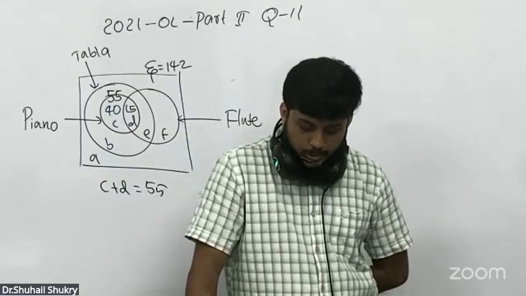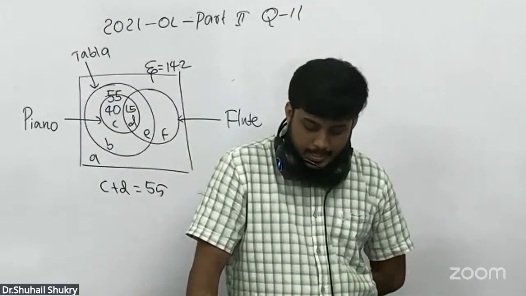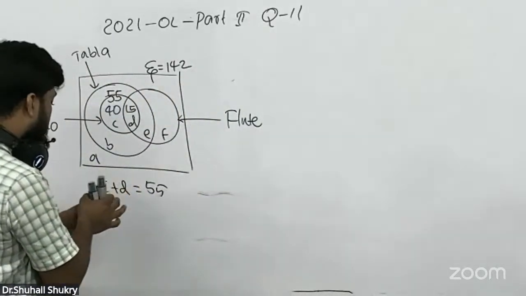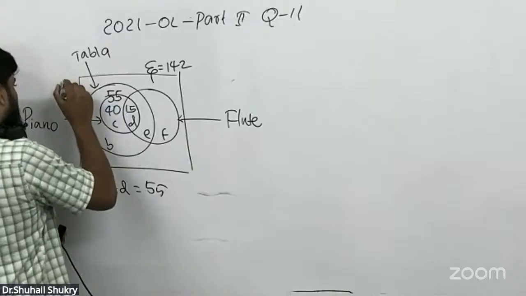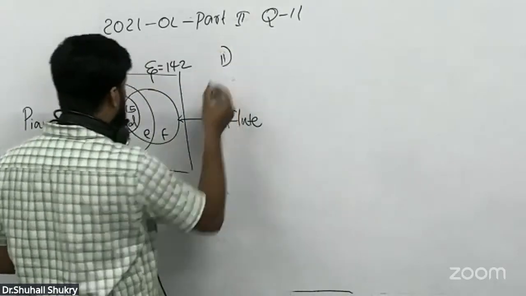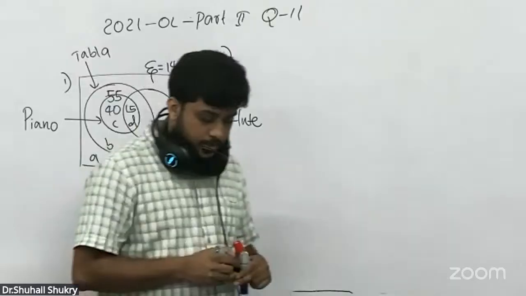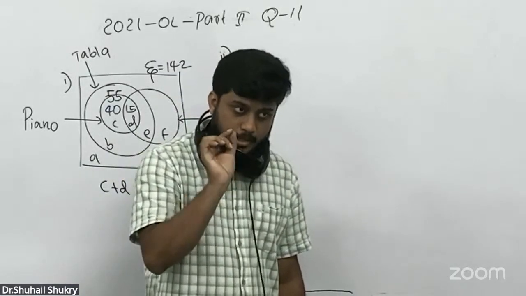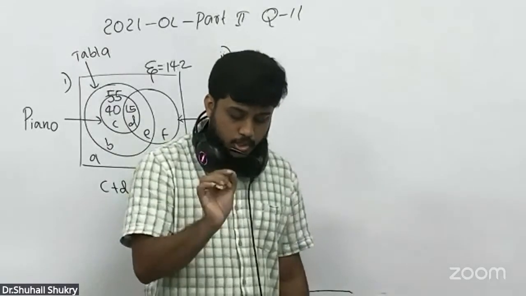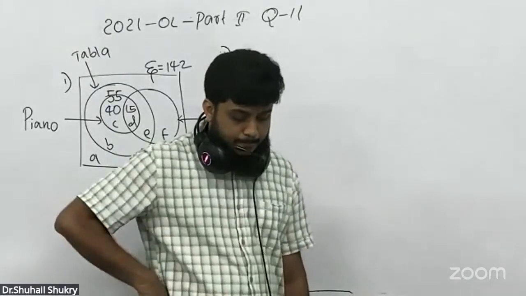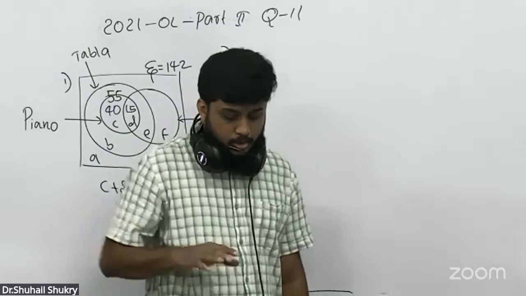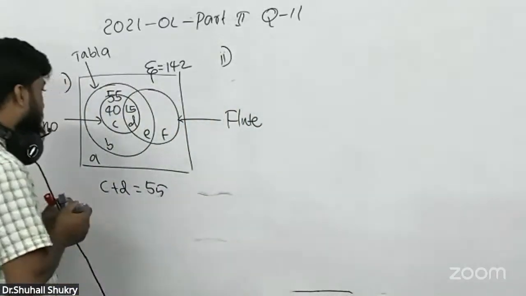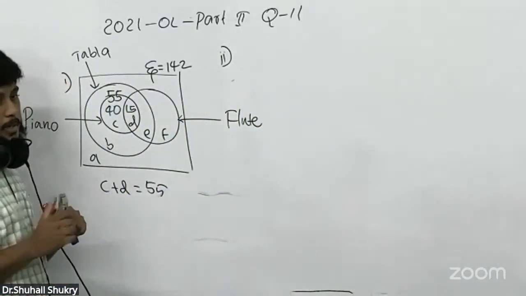Question number 2: if 60 musicians play exactly 2 of these instruments. Remember, this ABCD method is very helpful. Exactly 2 means they play only 2.